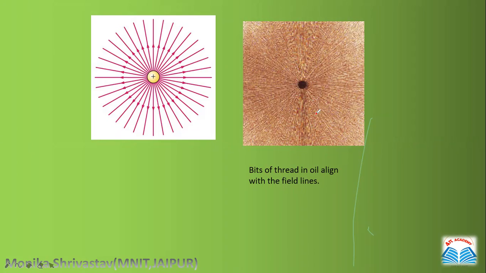This form is bits of thread in oil aligned with the field lines. What do you understand from this? This is the origin, or the center, of these field lines, and n number of threads come out of this origin, forming this type of structure.